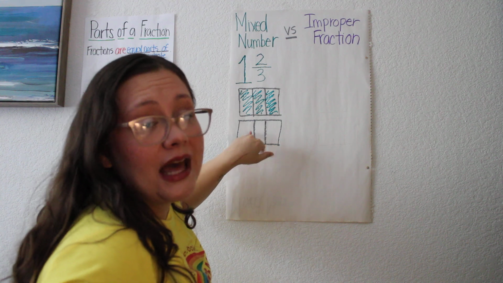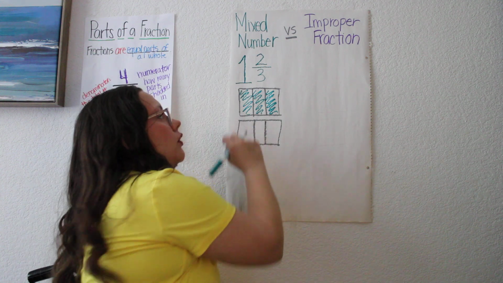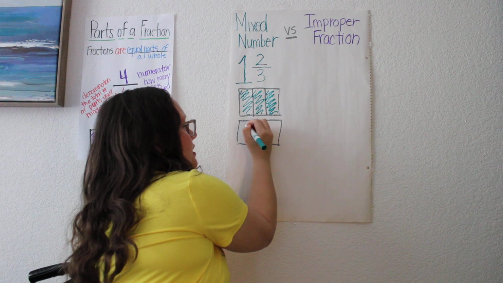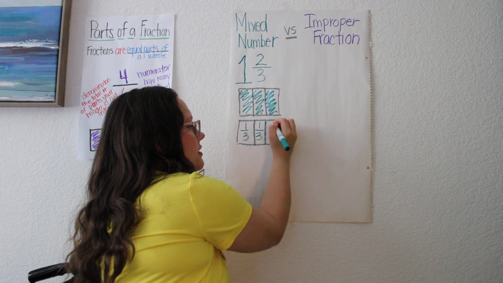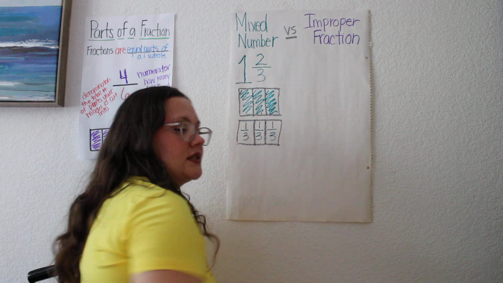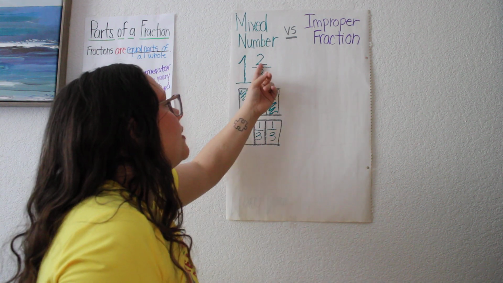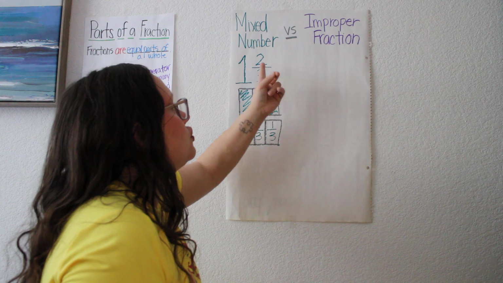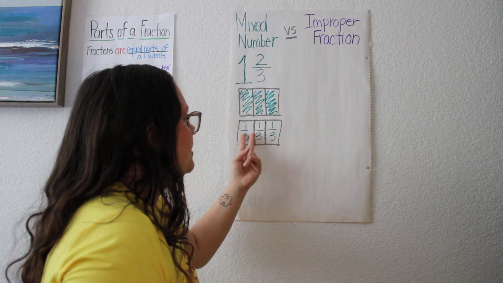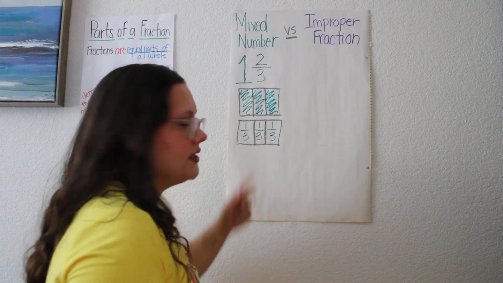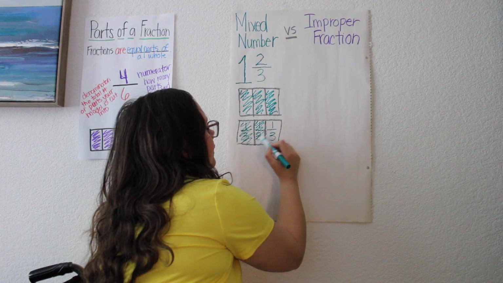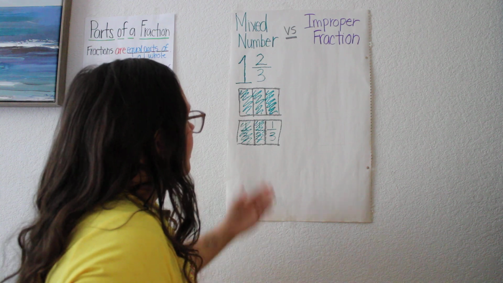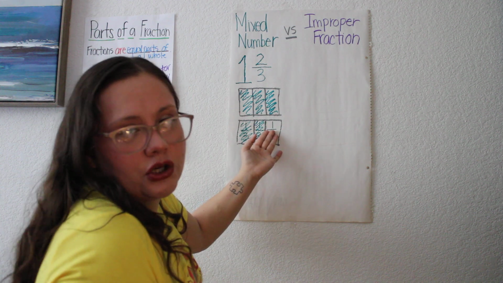So that tells me that each one of these pieces is worth 1/3. This is worth 1 out of 3 pieces, okay? For my mixed number, I need to represent 2/3. So that tells me I need to shade in 2 pieces. Good. 1, 2. This part isn't shaded in, I was just showing you what it represents.